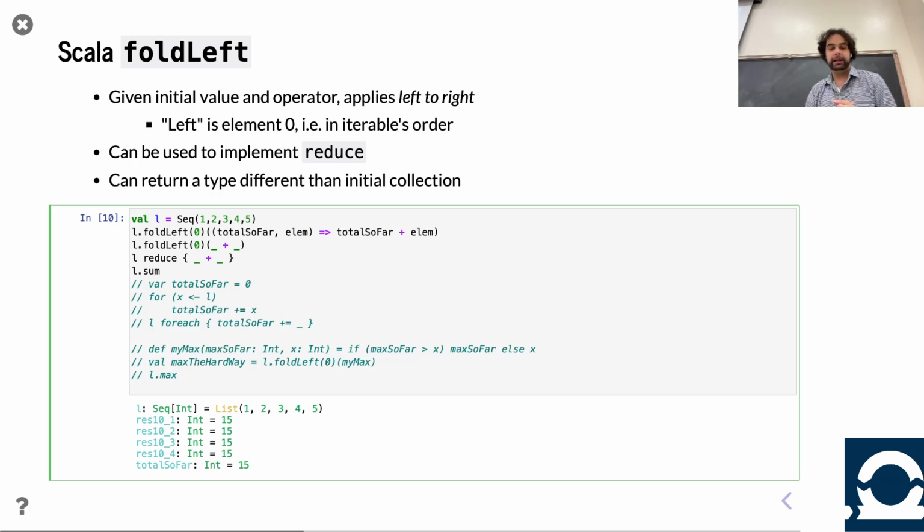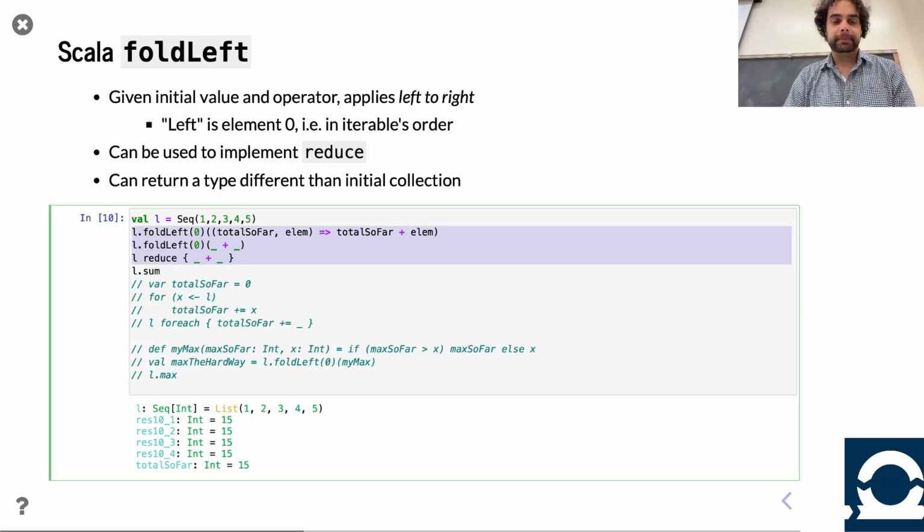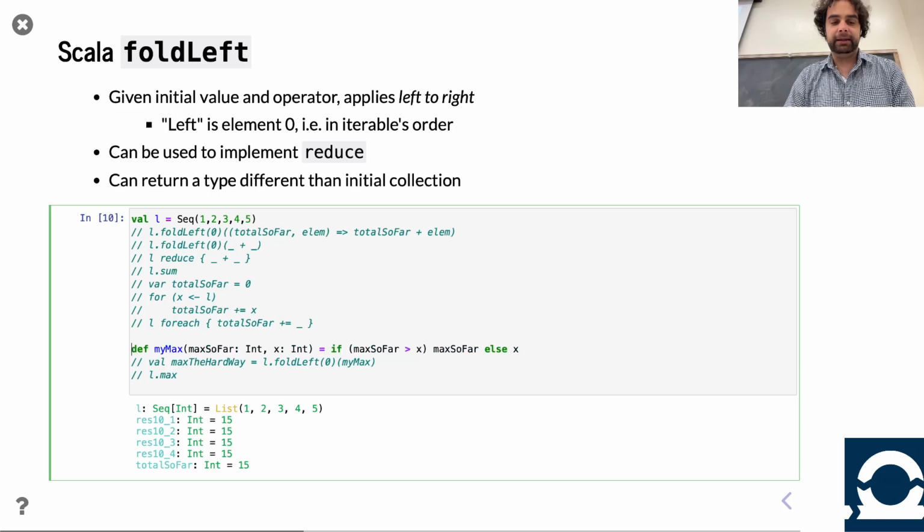Now let's see my attempts at max down here. Down here, I'm trying to write a way of finding the max element. So we have this function which has a max so far, and given a new element, returns the greater of the two, whichever one is bigger. So if max so far is bigger, that's what we get. Otherwise, that.